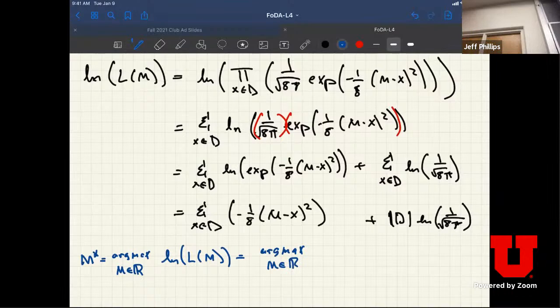I can recopy this whole thing, but the second term I don't care about, because that's constant for all m. So this is now the sum, and I'm going to put the negative in front. The sum over x in the set D. Let's put actually negative 1/8 pulled out front, of (m minus x) squared.